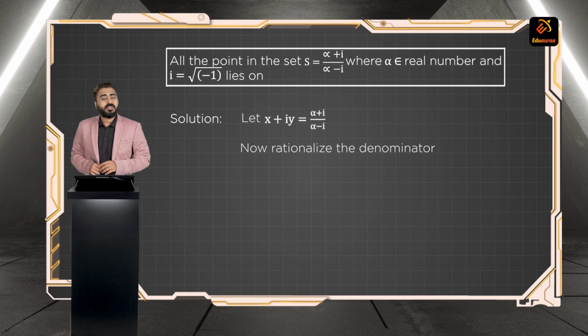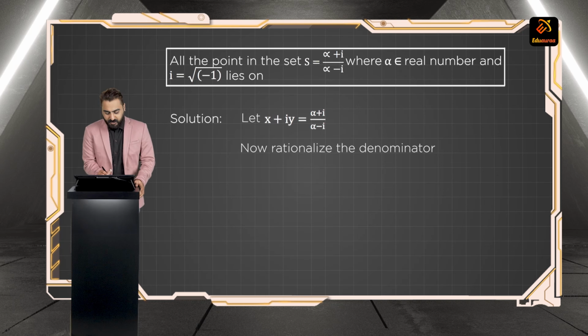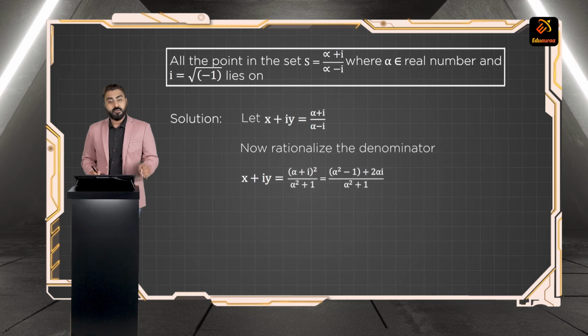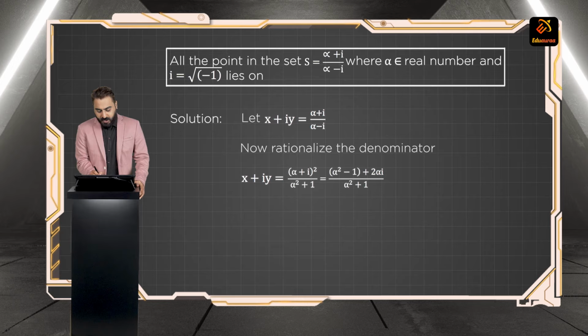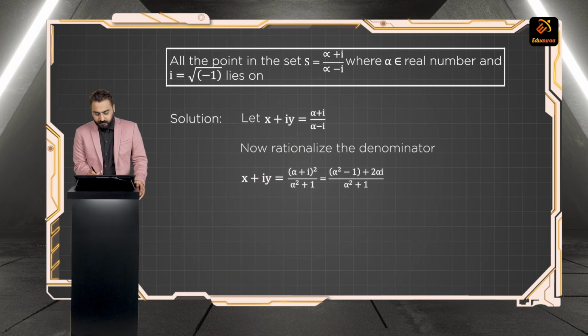The moment we rationalize the denominator, we form a new equation, and that new equation will be x plus iy is equal to (alpha plus i) whole square upon alpha square plus 1. So students, this can be written as (alpha square minus 1 plus 2 alpha i) whole upon alpha square plus 1.